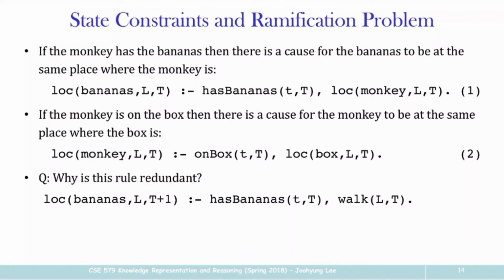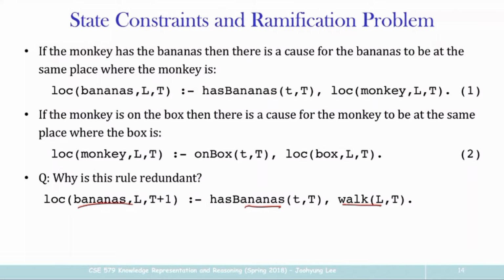Usually we can describe this with a rule: if the monkey walks to the location L, and if the monkey has the bananas in the previous state, then the next state location of bananas will be at the same location, the same destination.